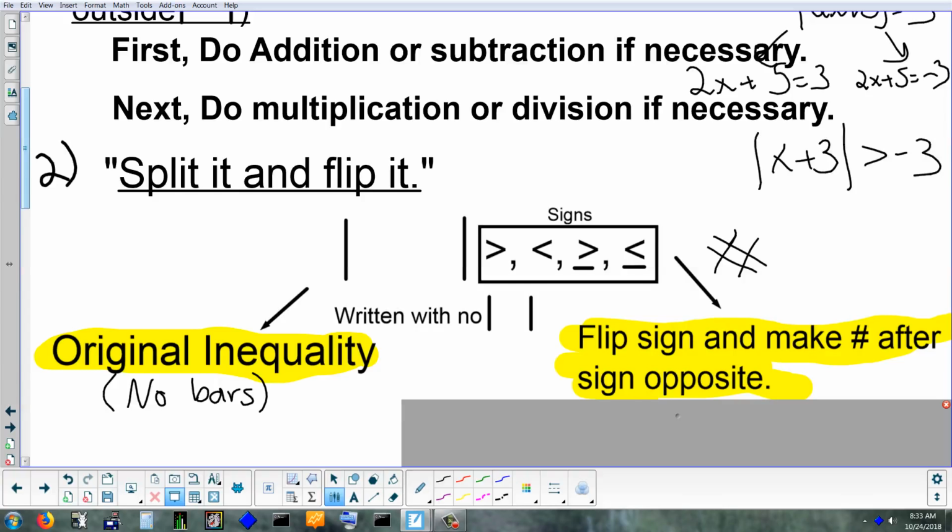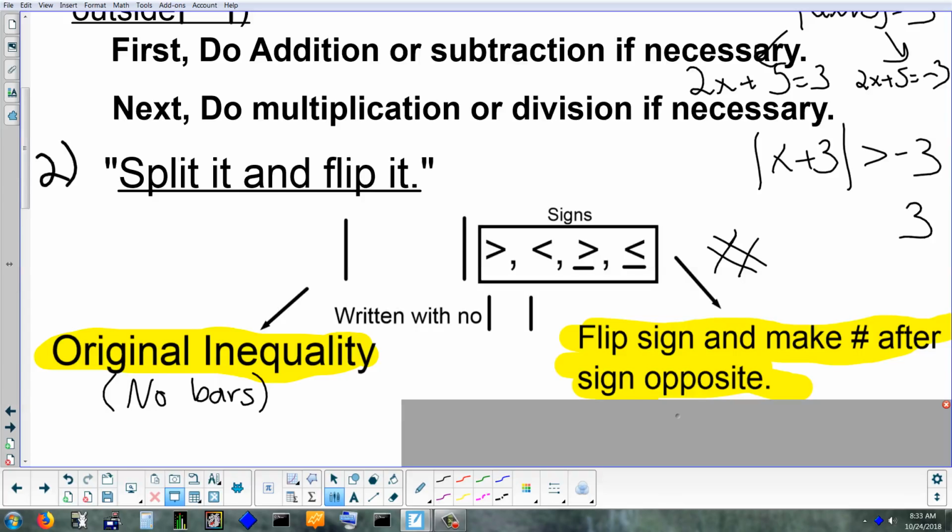So for this one, when I did my second inequality, what would this number become at the end? I don't worry about the sign right now, but I want to make the number after the sign opposite. Here it's negative 3. When I split it without the bars, it would be 3.